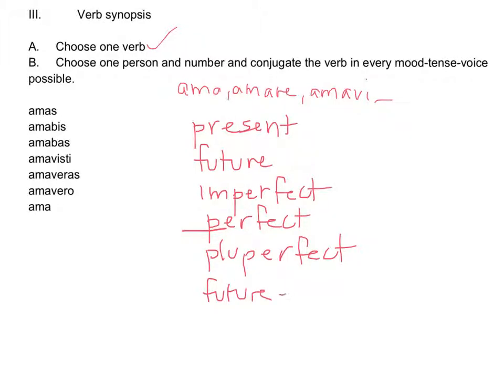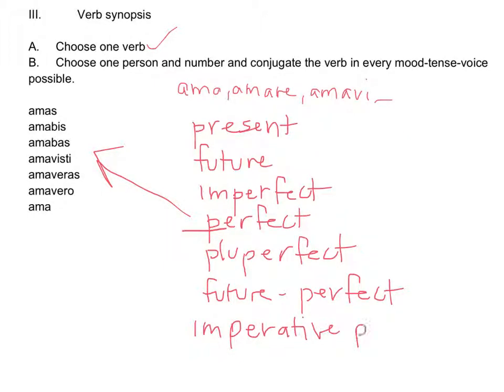Those are your main tenses. And that's the order in which I did it over here. And then if you're doing it in the second person singular or second person plural, you can also add the imperative present active. It's a great way to practice your verb forms, and it helps you actually when you read.